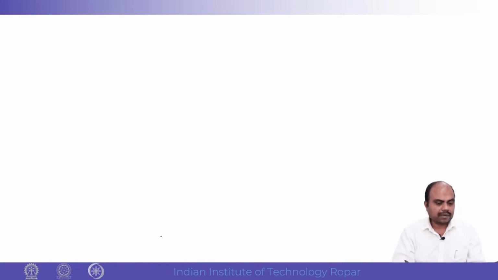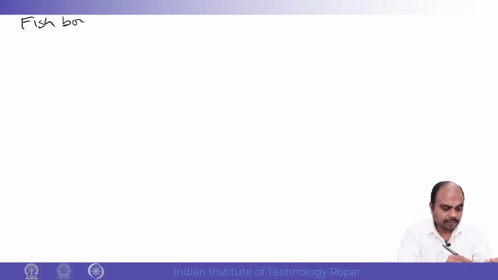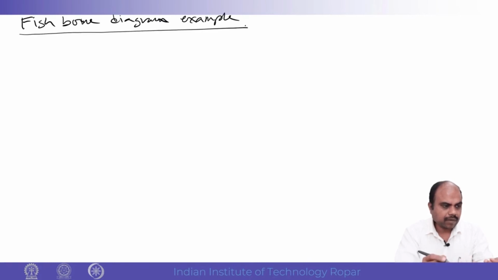We are going to go for another example of a fishbone diagram. A school is finding out that there is a drop in the students who are enrolling. So students are dropping from the courses.